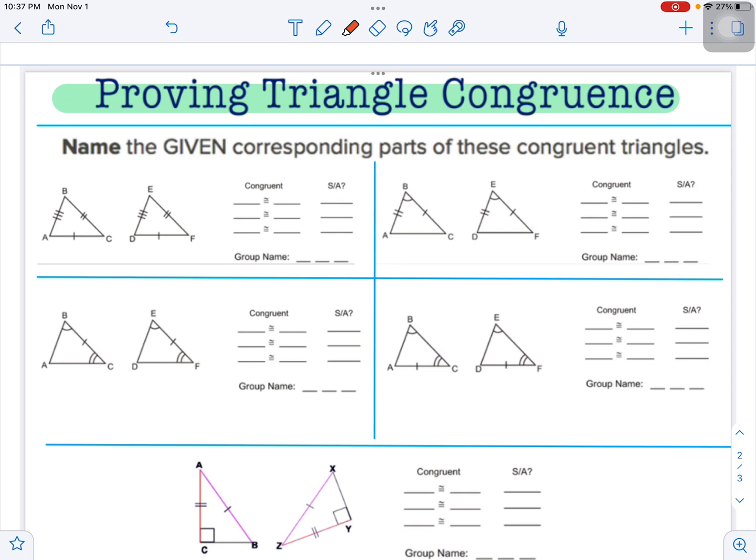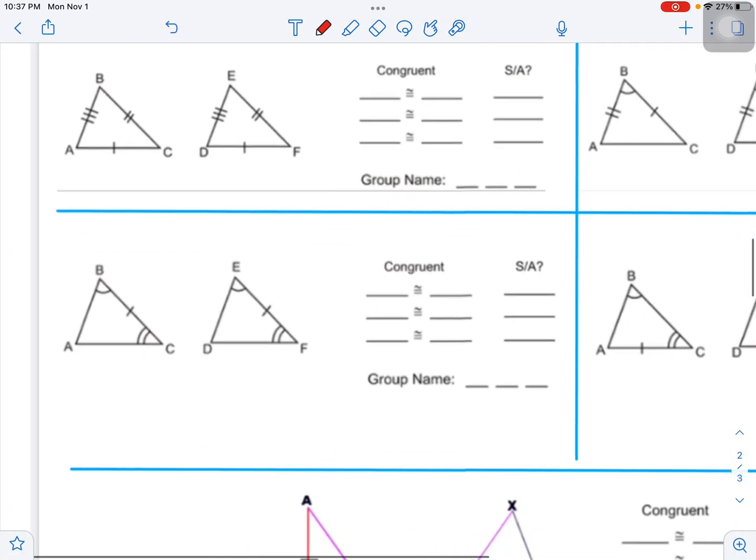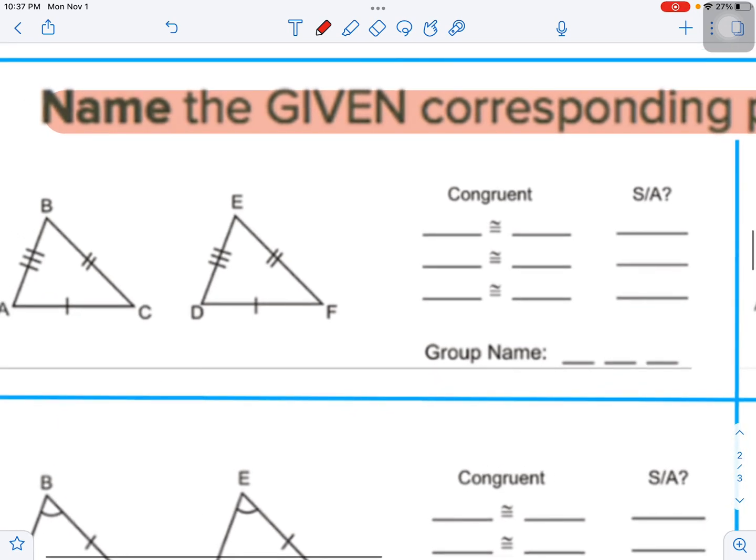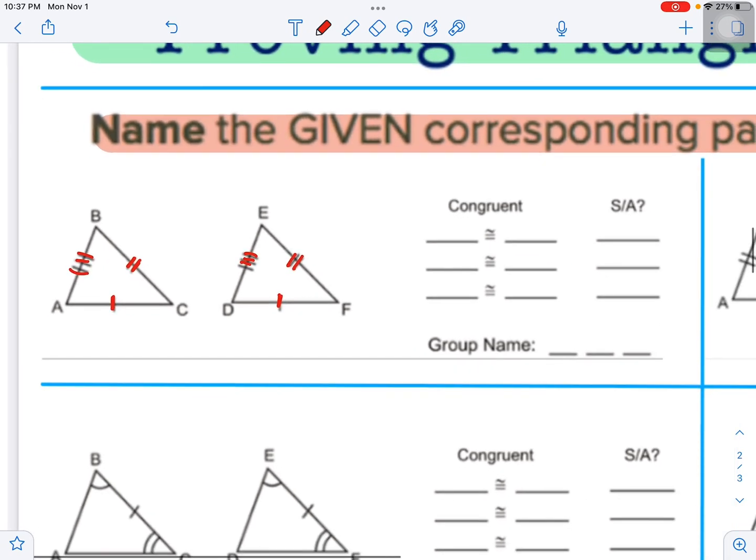The notes say to name the given congruence, the given corresponding parts of these congruent triangles. So we're going to name the corresponding parts, the parts that match each other. In this first triangle we have side, side, and side, and here we also have side, side, and side. Looking at the single dashes, AC is congruent to DF, and that's a side.